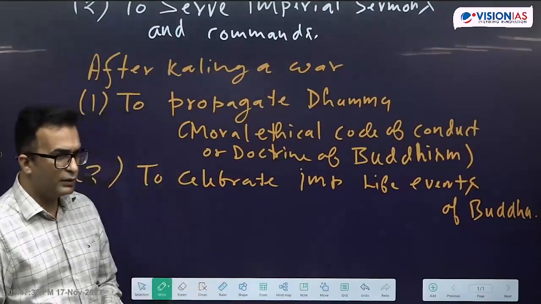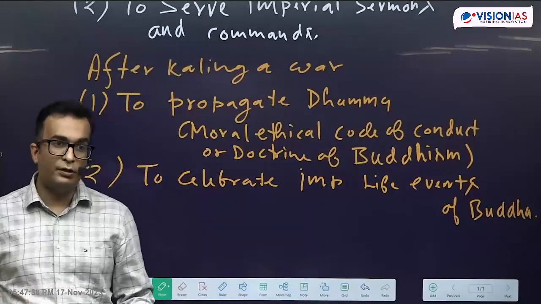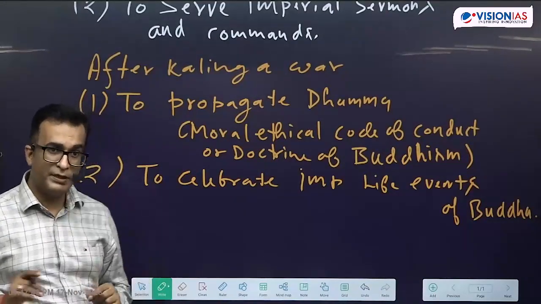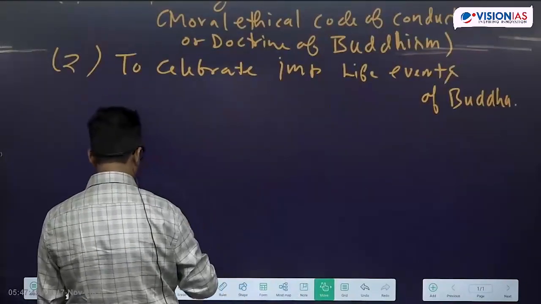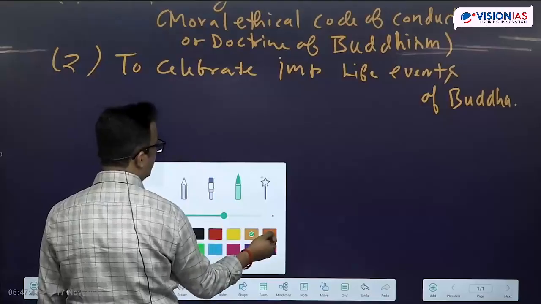Got it? So now this is about the Mauryan pillars and their purpose. अब examples पे आते हैं. So you write some examples, and the very first, give me 1 minute.